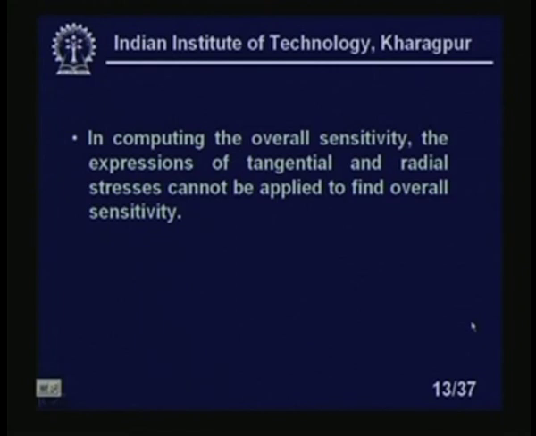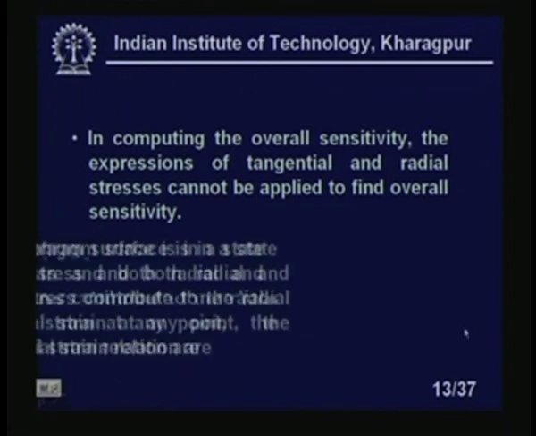In computing the overall sensitivity, the expressions of tangential and radial stresses cannot be applied directly.